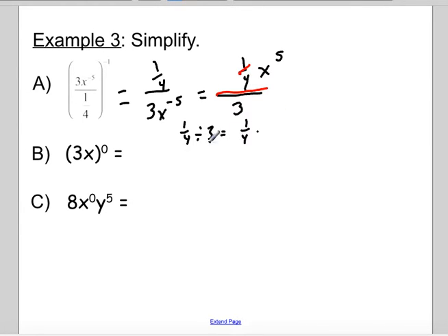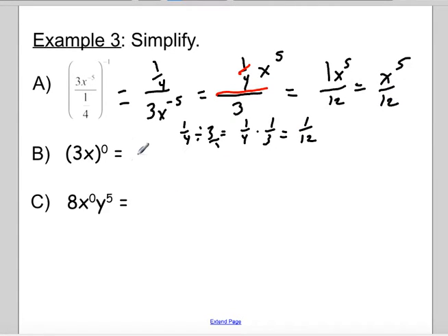Remember, this is 3/1. So I can flip that and becomes 1/3. So with multiplication, you can multiply your numerators and multiply your denominators. So really, this simply becomes 1 times x to the 5th all over 12. Or just x to the 5th over 12.